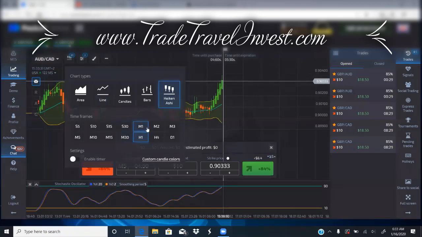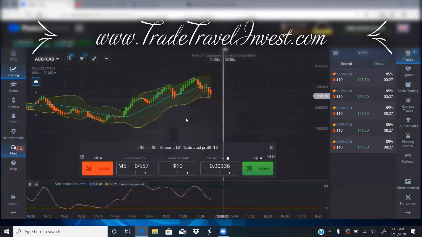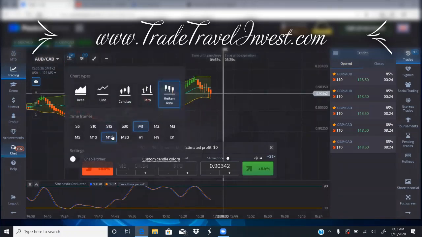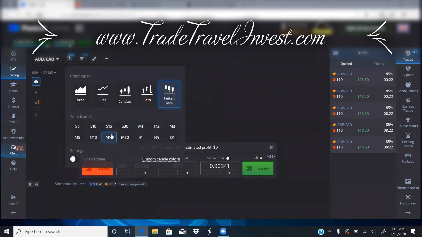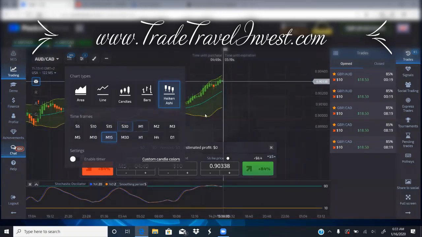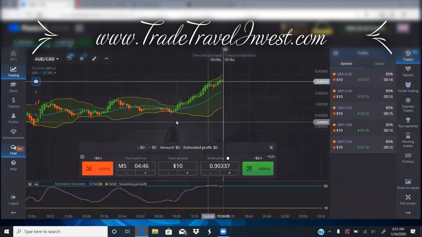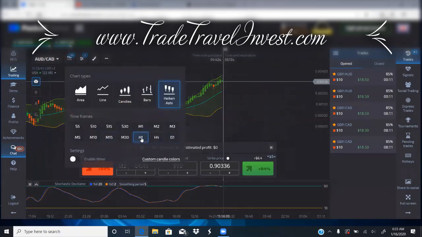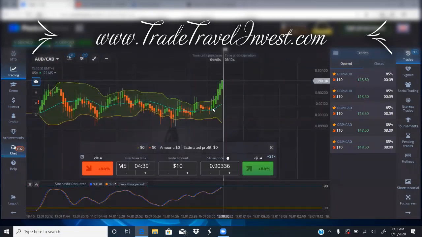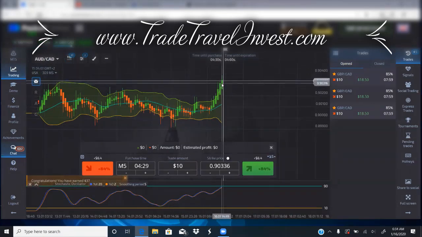Hourly chart, we're at that top Bollinger Band. Yeah, there's a potential setup on the higher time frame.